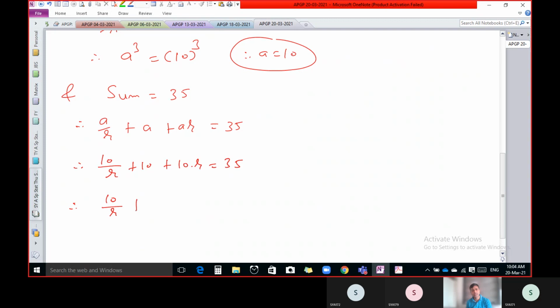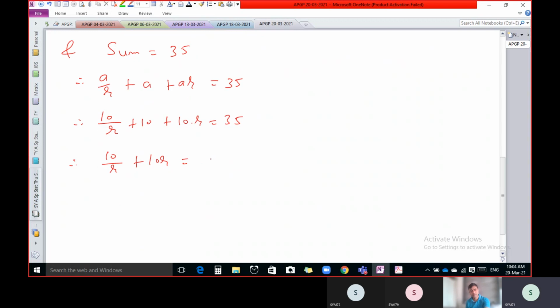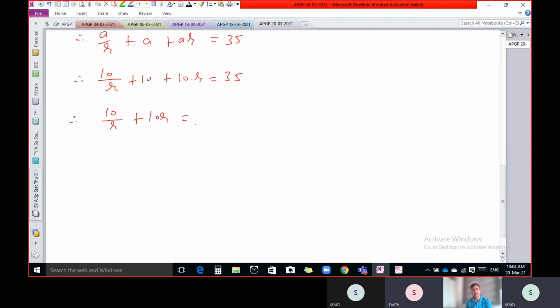So this 10 upon R as it is plus 10R equals 25. Now take R LCM. So what do we get in the numerator? 10 plus 10 R square. Take R to the other side. 10 plus 10 r square is equal to 25r.